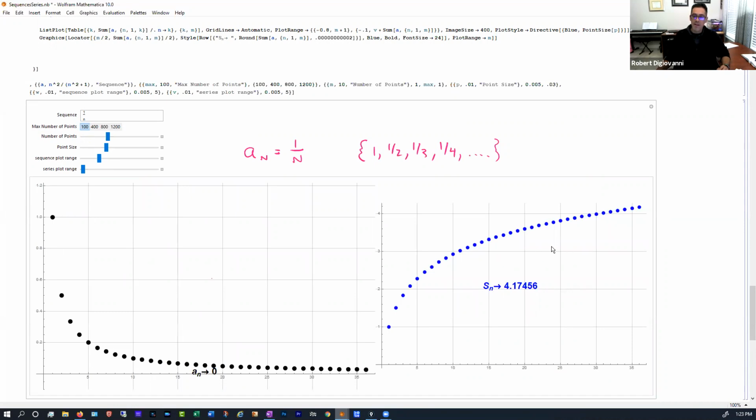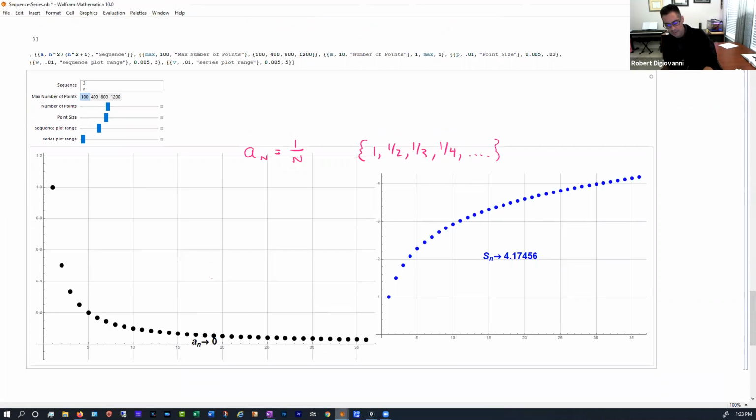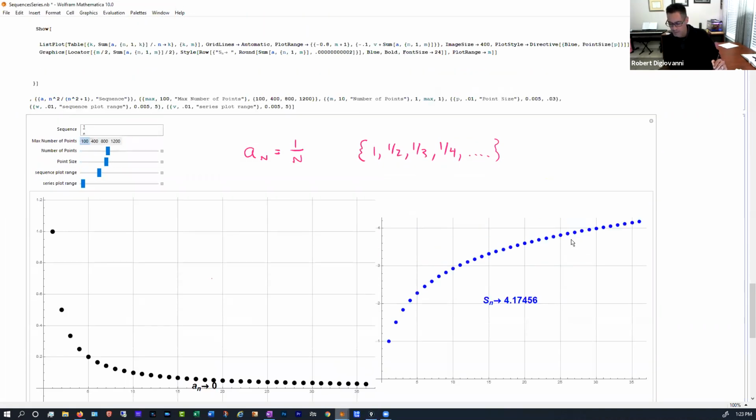Okay, what you see over here is the sequence generated by the partial sums. This right here in blue is the sequence S sub n. Now let me try and tell you what that sequence is.